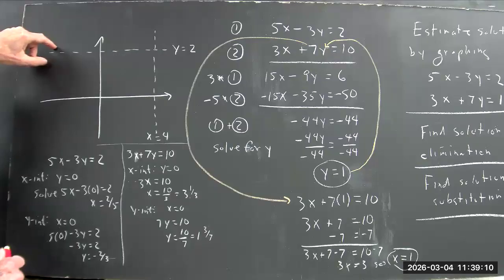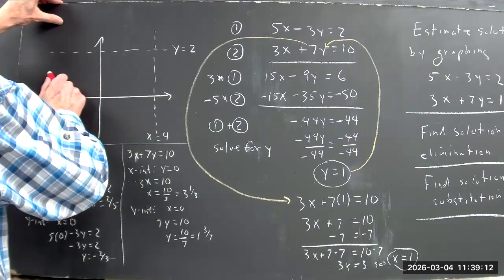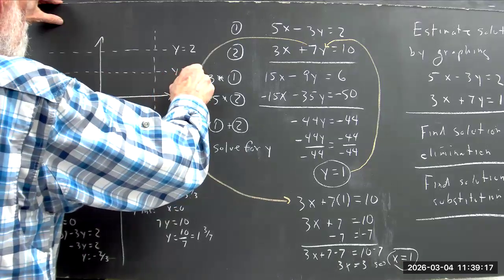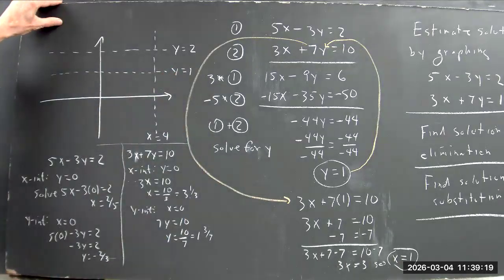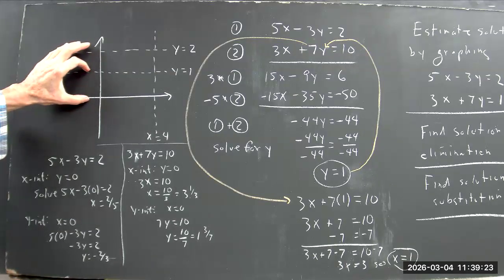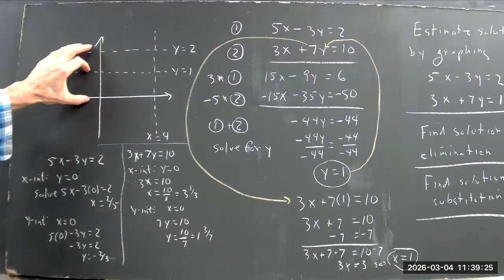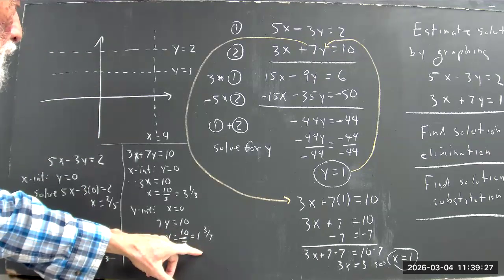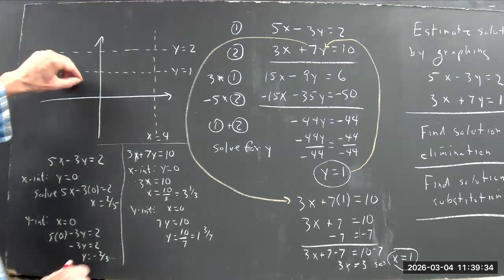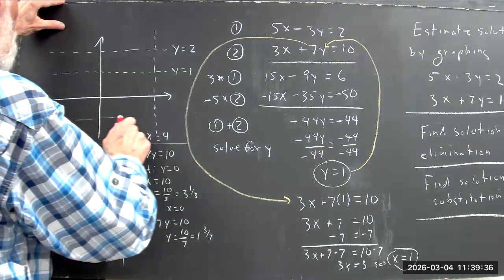Okay, so I've got my y equals 2 line, and halfway between there and the x-axis, I draw the y equals 1 line. So now I've got a picture of how big y equals 1 is, and my y-intercepts are 1 3/7 and negative 2/3.